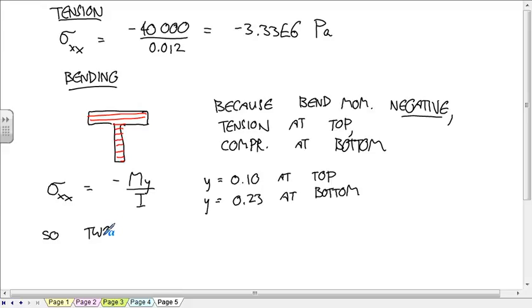So two things agree that the maximum XX stress in absolute value is at the bottom.